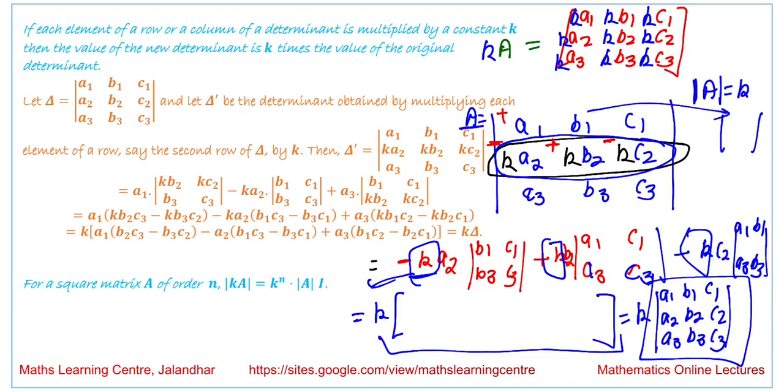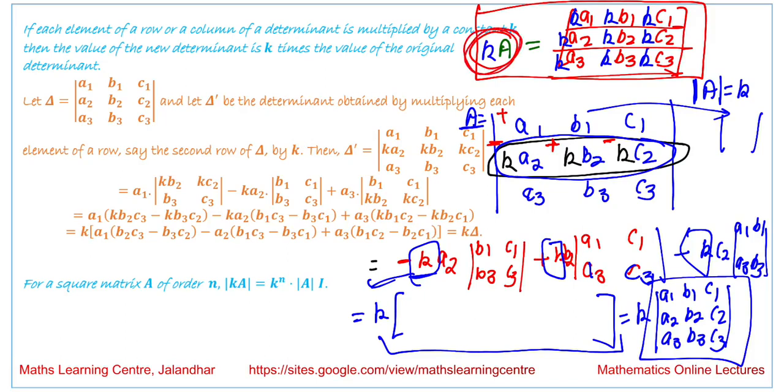Now suppose we have to calculate the determinant of the matrix in which each row is multiplied with K. I am talking about K times A. What will be the answer? We take K common from the first row, from the second row, and from the third row.